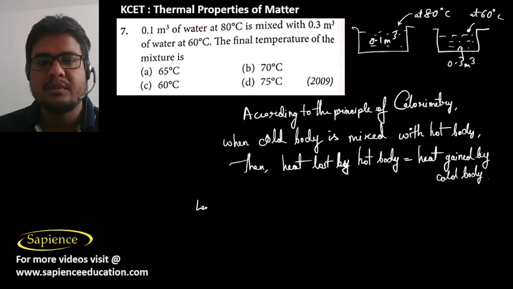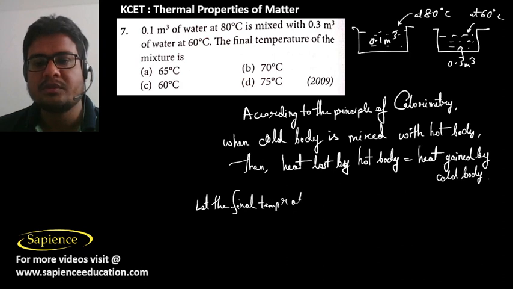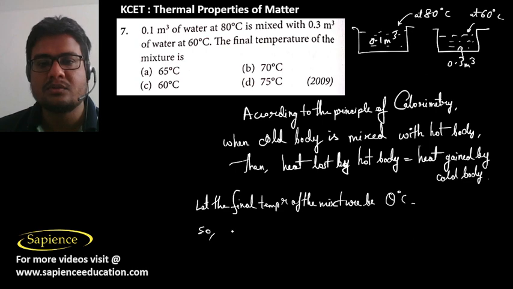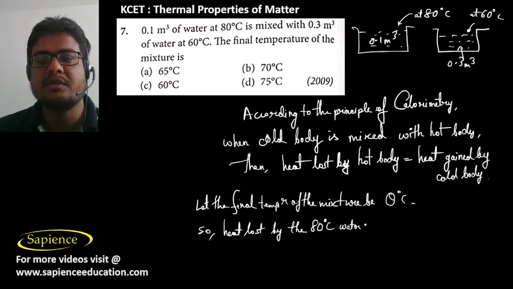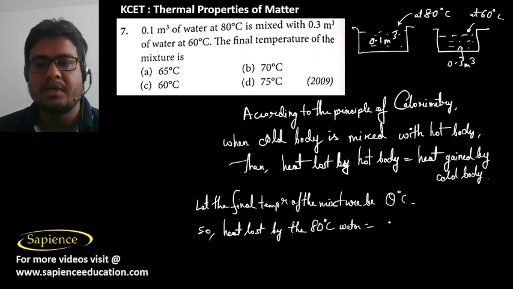So let the final temperature of the mixture be theta degree Celsius. Now, the heat lost by the hot water, the 80 degree Celsius water, will be H equal to m s delta T. Mass equals density into volume.